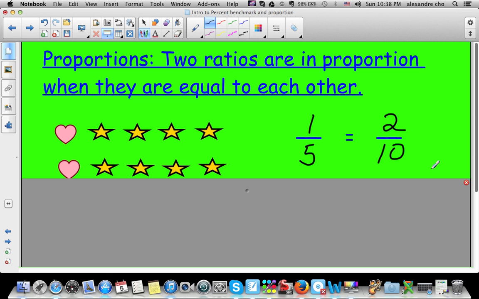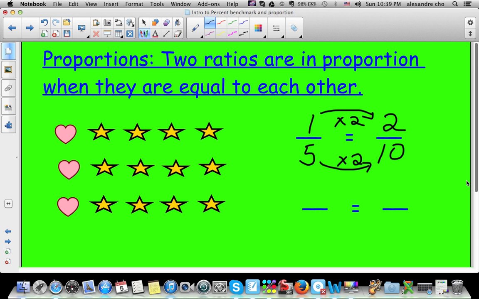Now, the question is, are these two ratios in proportion? And I'm hoping you're going to say yes, because the increase here was times 2, and the increase on the top was times 2. So if they increase by the same ratio, if the same ratio is happening over and over again, then they are in proportion. So we had initially 1 heart for every 5 items, and then we added another 5 items, and within those 5 items that we added, there was 1 heart. So that ratio was maintained.